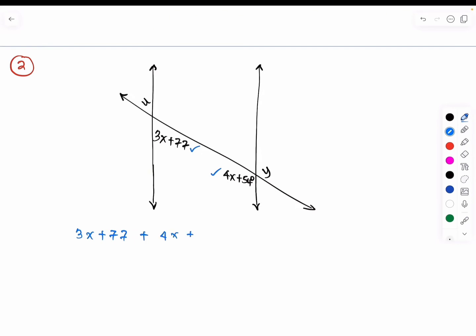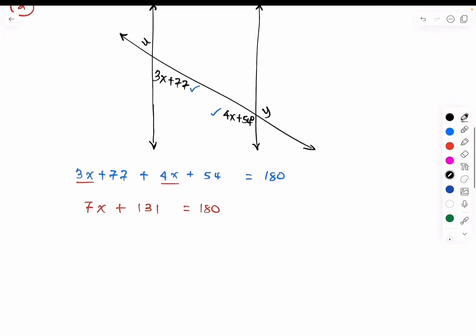So 3x plus 77 plus 4x plus 54, the sum is equal to 180. Now all I need to do is collect the like terms. 3x plus 4x gives me 7x, plus 77 plus 54, which gives me 131. That is equal to 180.